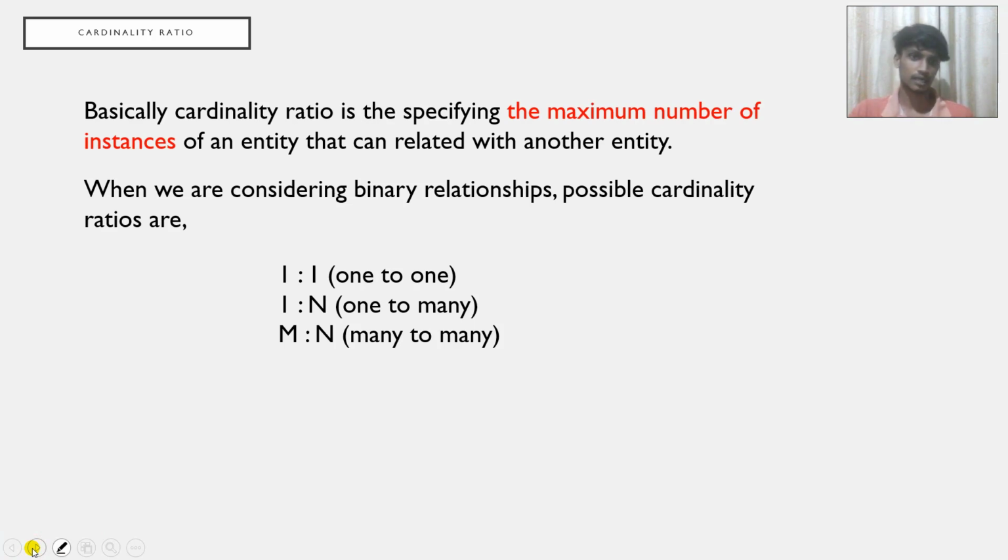So cardinality ratio. Basically cardinality ratio specifies the maximum number of instances of an entity that can relate with another entity. As I said before, now we are going to consider ranges. A range has two parts.